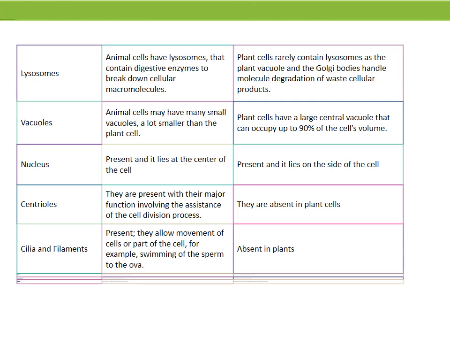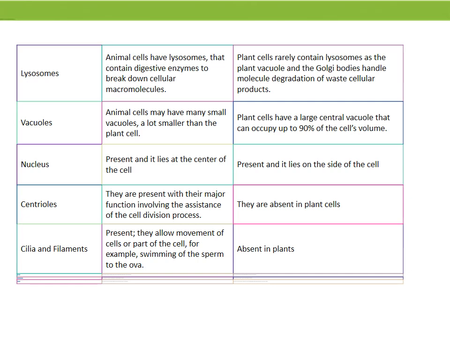Animal cells have many small vacuoles, but plant cells have a large central vacuole. Nucleus is present in the center of the animal cell but lies on the side of the cell in the plant cell. Centrioles are present in animal cells, with their major function being to assist the cell division process, but they are absent in the plant cell.